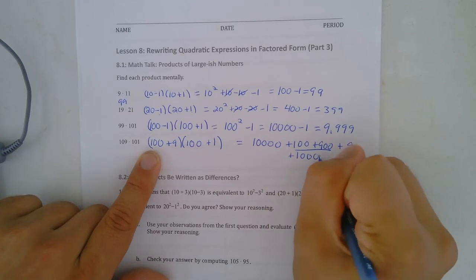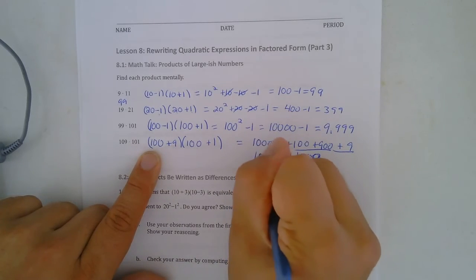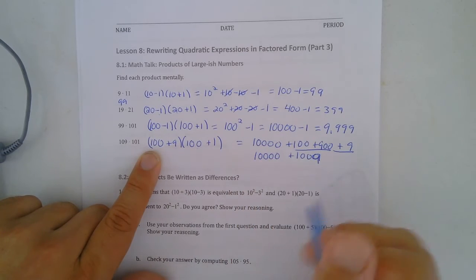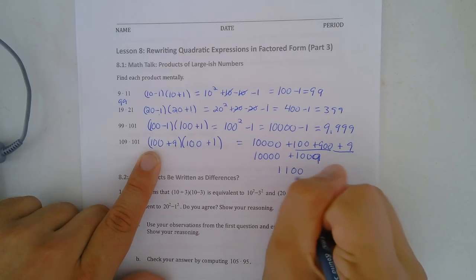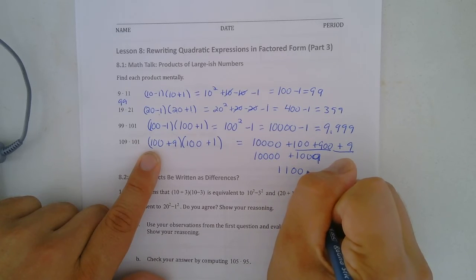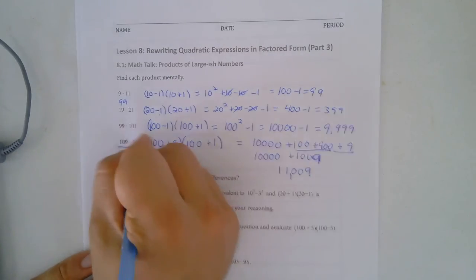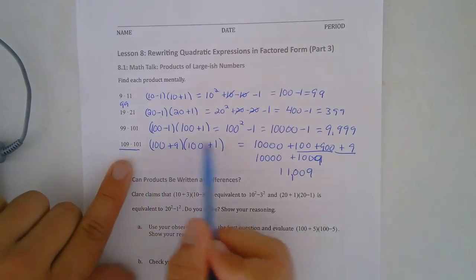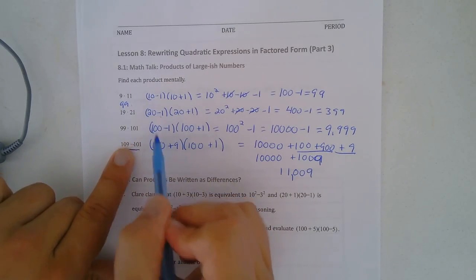And if I added that 9 too, 1,009 plus 10,000 would be 11,009. But for this one, for sure, if I didn't do it this way, I would probably use a calculator. These two, it's interesting to work out that way.